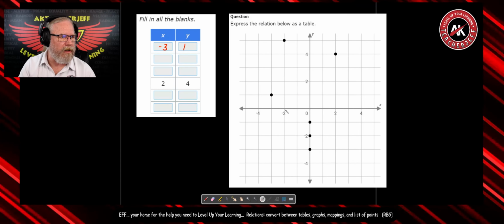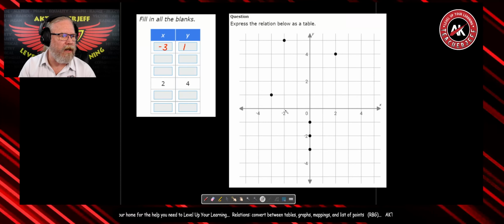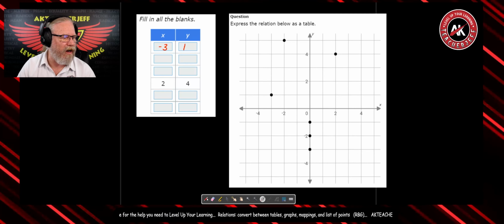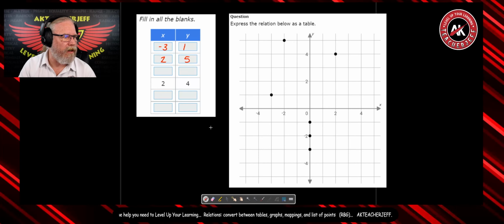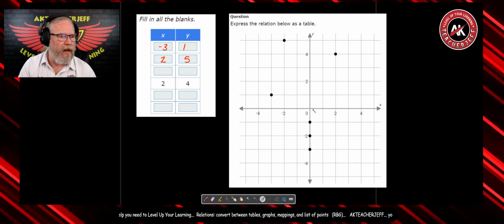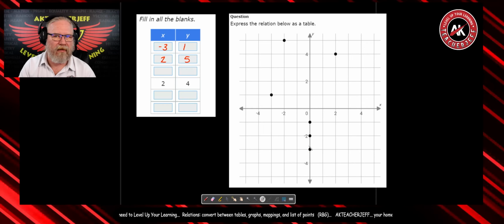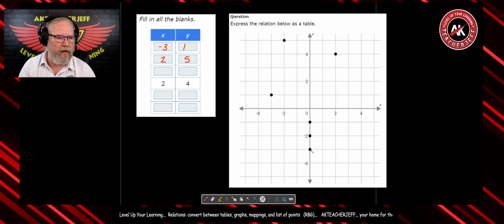Look at the next one. I see a point up here, so that's going to match up with -2. -2 is the input. The output appears to be +5, so -2, 5 is one of them. And then where x is 0, there's like 1, 2, 3 inputs for 0. Whenever x is 0, we get what? -1, -2, and -3.